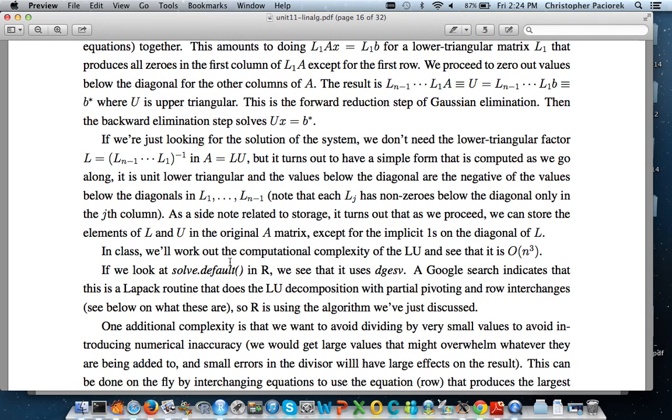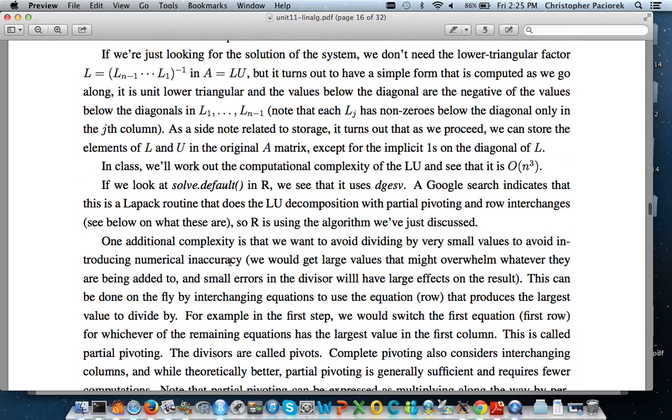Okay, other questions? Okay, so if you were to look up some help information on the solve function in R, you'd find out that in general, if you do a solve, you're going to end up using the solve.default specific method. And if you looked a little further, you'd find that it calls a function called dgesv. That is a LAPACK routine, the linear algebra package that R is calling.